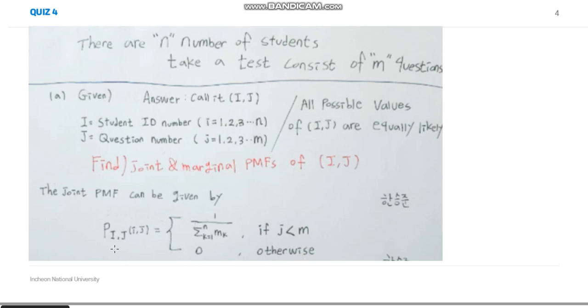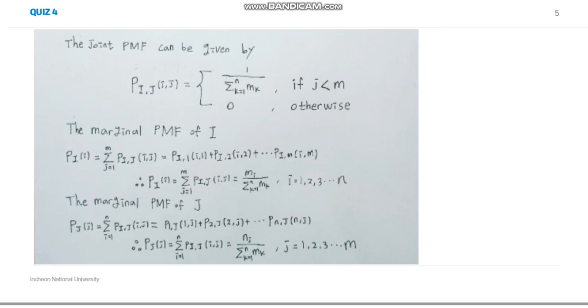Okay, so this is the joint PMF, and we can use this joint PMF to make the marginal PMFs of I and J. So let's look at the marginal PMF of I. P_I(i) is equal to the sum over j from 1 to m of P_{I,J}(i, j), and this is the marginal PMF.